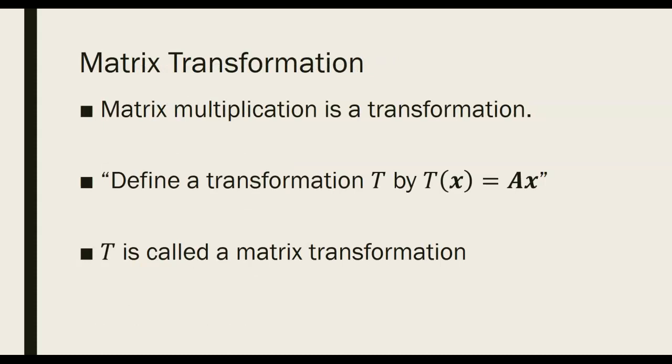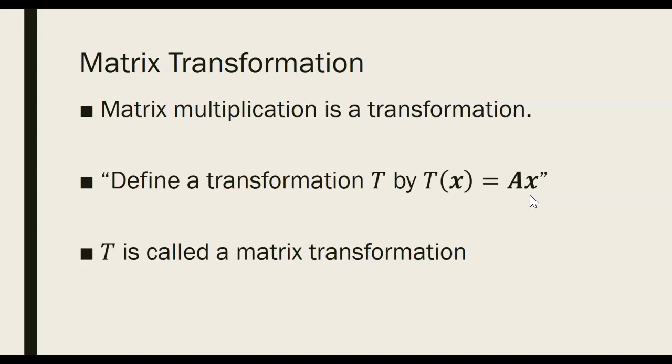Now the first type of transformation is going to be a matrix transformation. All right? Basically, this is a transformation defined by letting the image of x be obtained by just taking a matrix times x. And the way we phrase that was we say we define the transformation T by when you input an x, the way to calculate the image is to take the matrix A and multiply by x.